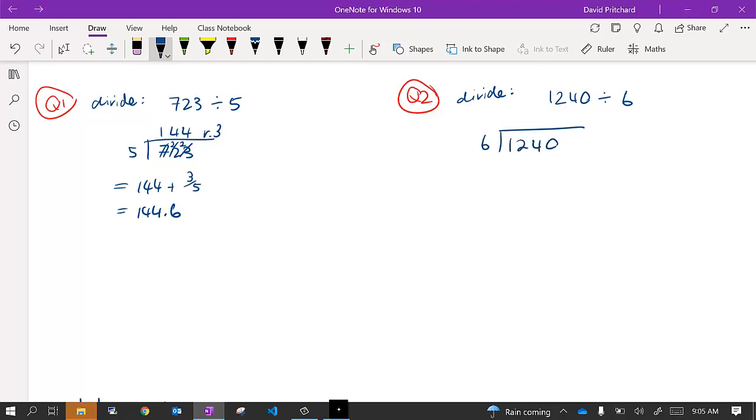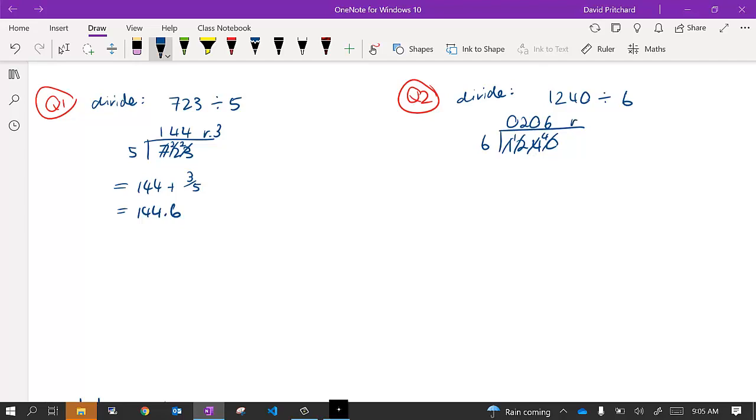Okay, second one. 1240 divided by 6. Well, 6 goes into 1 0 times, and we can carry that 1. 6 goes into 12 twice, and there's nothing left over, so nothing to carry. 6 goes into 4 0 times, and we'll carry the whole 4. And 6 goes into 46 times, so it goes up to 36.